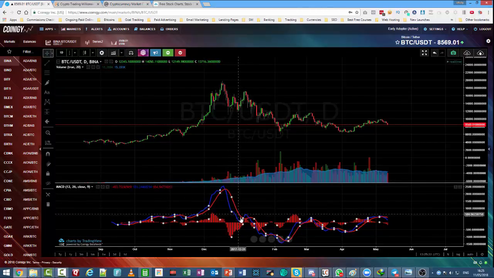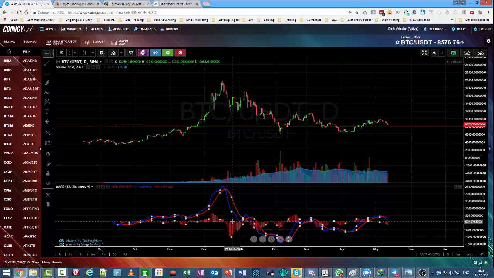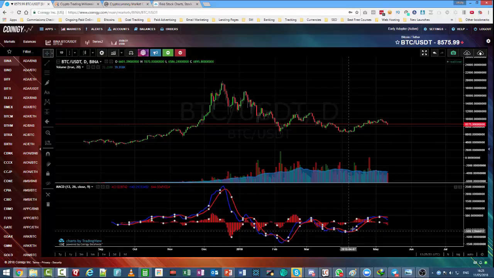So it's all cycles. Also, you can see how much they are spread out based on the volume right here. Here we're going down, so there's a bear, and there was a bull, and there was again a bear. Right now we were in a bull market from the beginning of April until May, with Bitcoin going up.